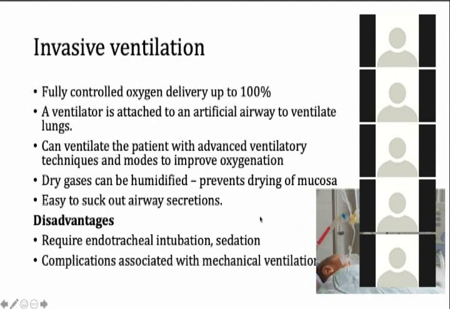But the problem is, there are lots of problems associated with putting an ET tube, as well as keeping an ET tube for a longer duration. Those are the main disadvantages, but you can ventilate them in different modes. That is one of the main advantages you have with invasive ventilation.